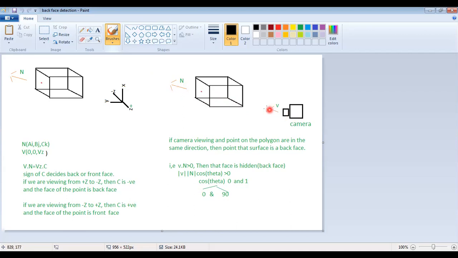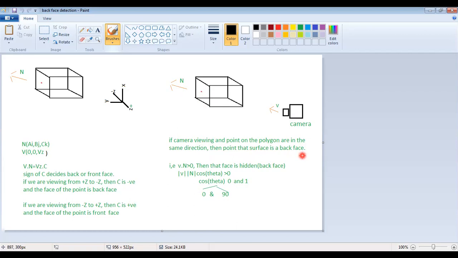This is the viewing vector. If both the vectors are in the same direction, then I consider that particular point as a back face. If the camera viewing and the point on the polygon are in the same direction, I consider that surface as a back face.